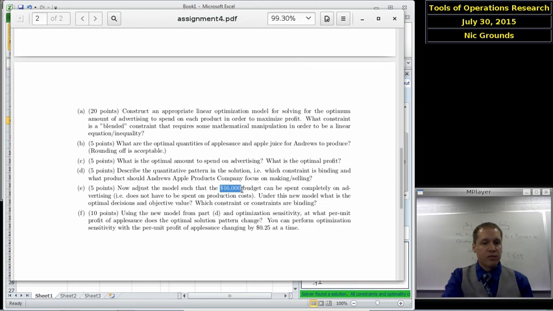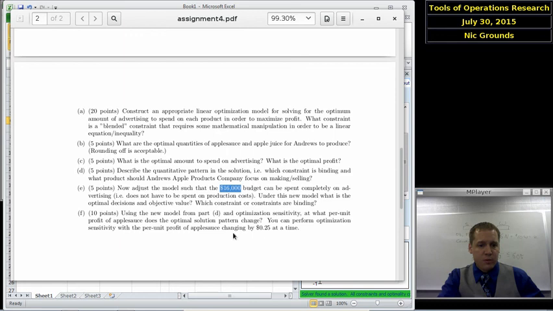Right? So under this new model, what's the new pattern and which constraints are binding and so forth. And then using the new model, where we're limiting ad expenses only, not production expenses and ad expenses, using that model and optimization sensitivity, what per unit profit of applesauce does the optimal solution pattern change at?